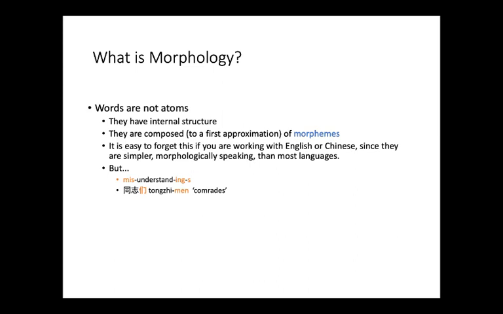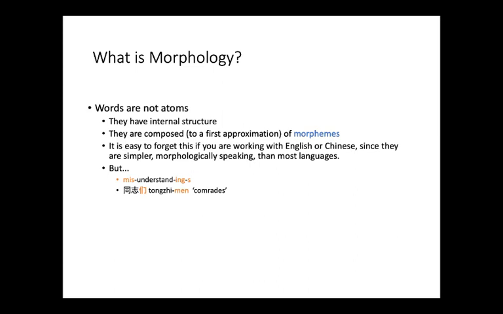You've got understand, that's the root of the word that gives it its basic meaning, and then you've got mis, that makes it negative in some sense, ing that makes it into a noun, and s that makes it plural. So this word has internal structure.